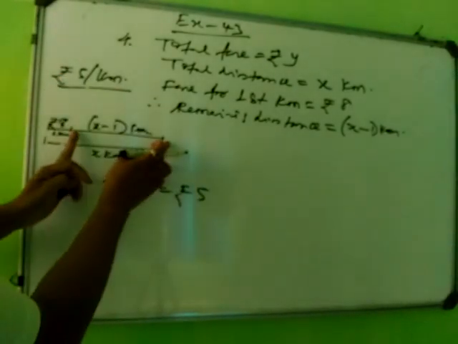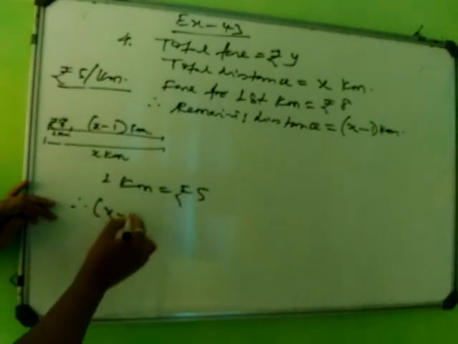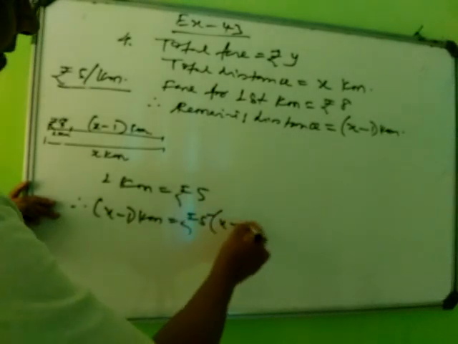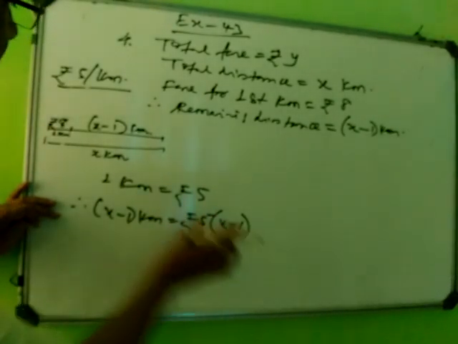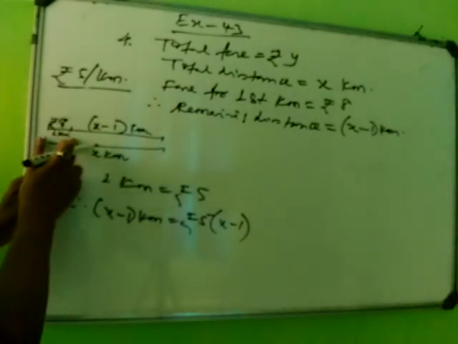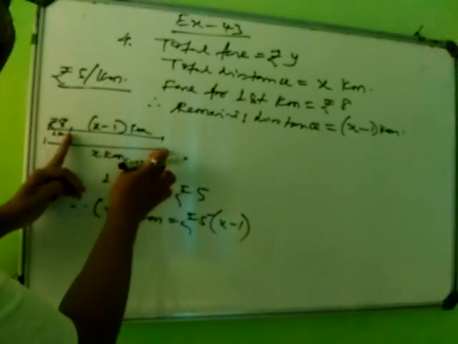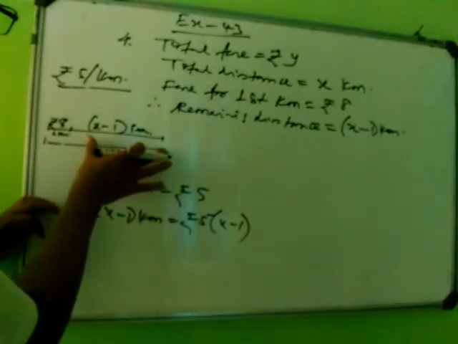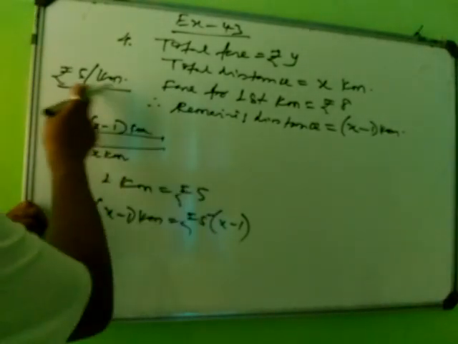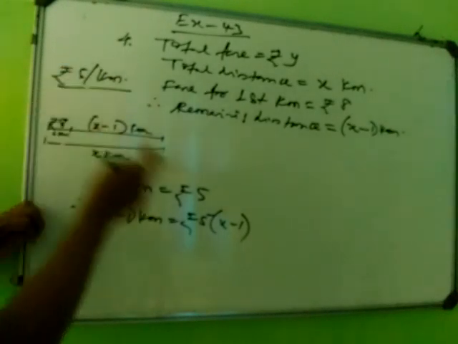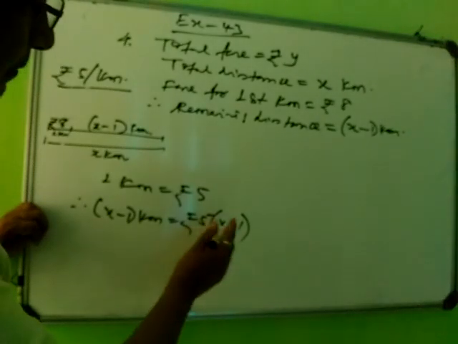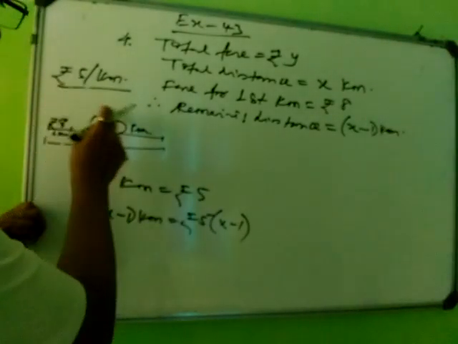So for covering x minus 1 kilometer, it will be multiplied, so it will be ₹5 into x minus 1. This will be the total fare for covering x minus 1 kilometer.